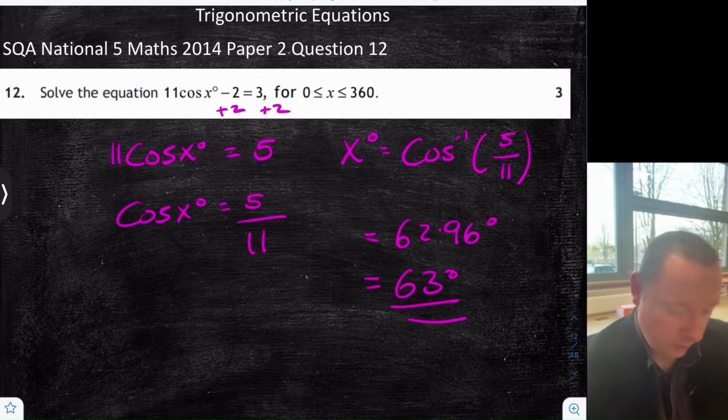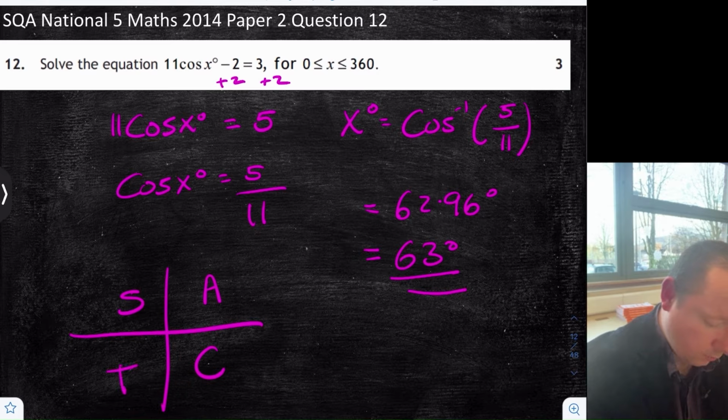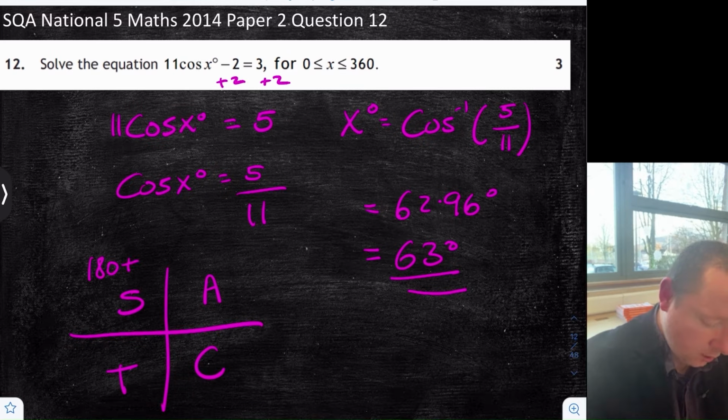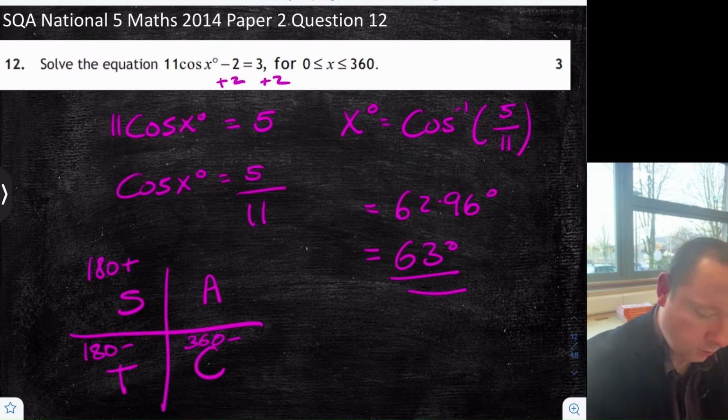But that isn't our only answer, because you can draw a CAST diagram to find your related angle. You'd always start on the bottom right and then go anti-clockwise. In this quadrant, it's 180 plus the angle. This one it's 180 minus, and this one it's 360 minus. Now, to work out which you've got, you need to check, was your original thing positive or negative?